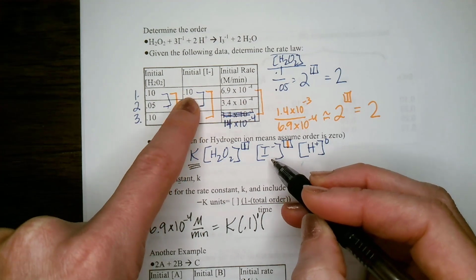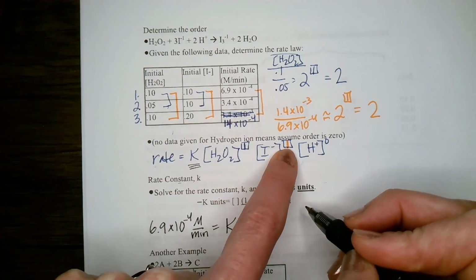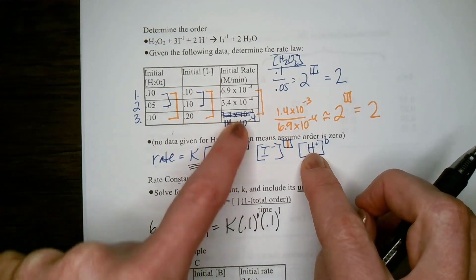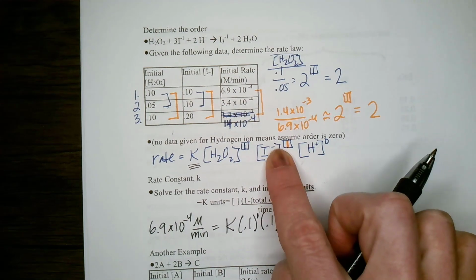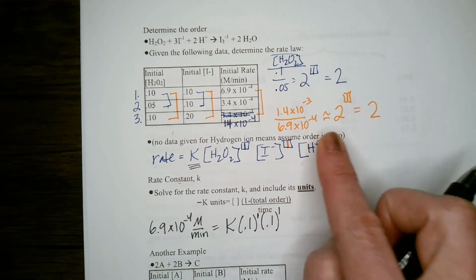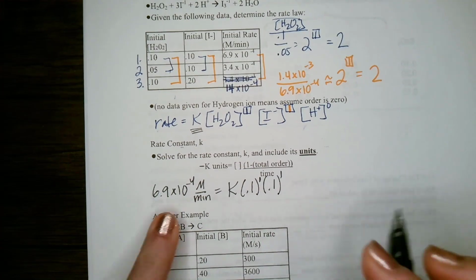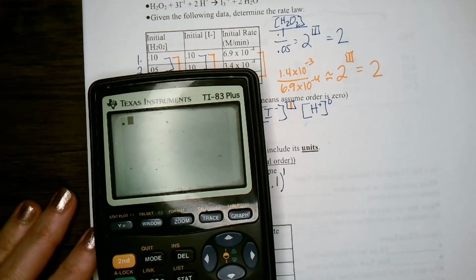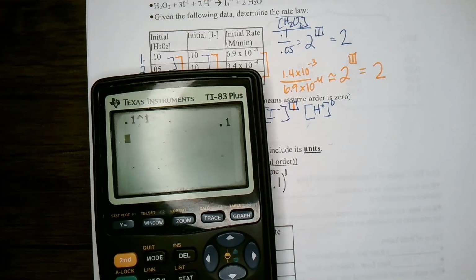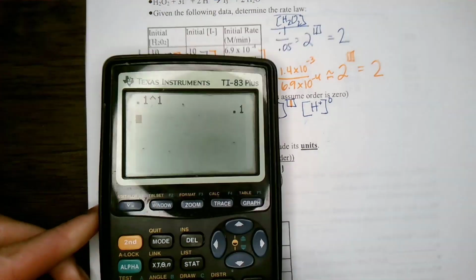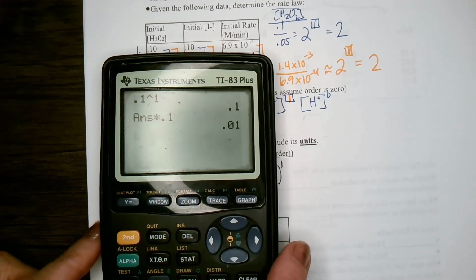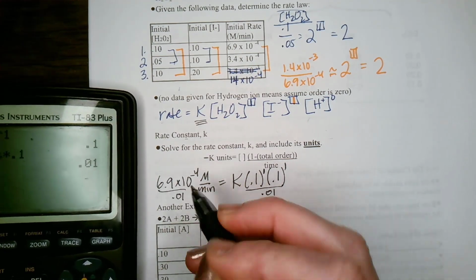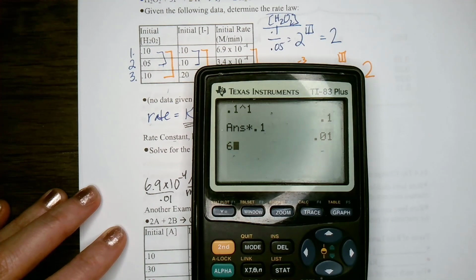And again, it's to the order of 1, times the concentration of iodide, which in this case is also 0.1, raised to the power of 1, times the concentration of hydrogen, which we're not given. We're assuming it's to the 0 power, so that's negligible. So now we just need to solve for K. 0.1 to the power of 1 is 0.1. So 0.1 times 0.1 is 0.01. So we're going to divide both sides by 0.01.